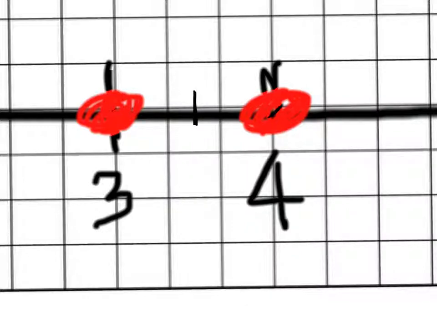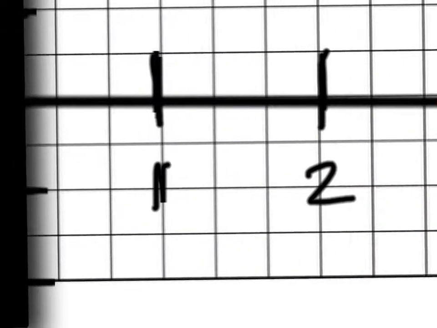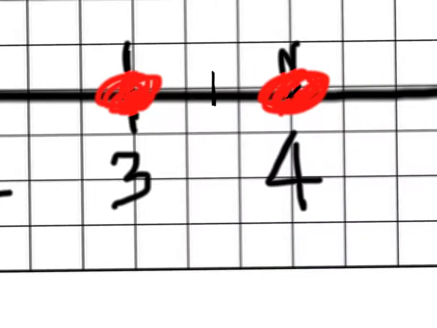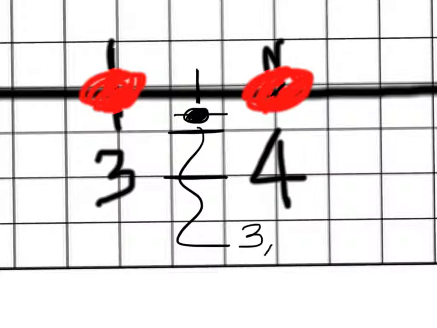That is 3.5. And we went every 2 blocks to get to 1. So if we go here, that's a negative 1. That's a negative 0.5. That's a negative 0.25. That is the vertex, 3.5 and negative 0.25.